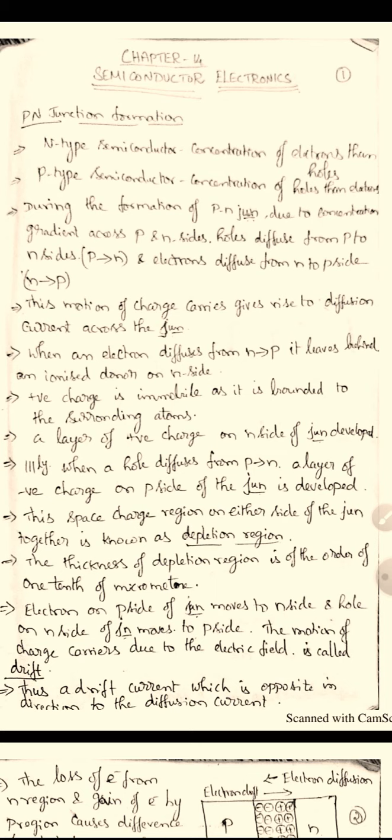Across the p-n junction, when an electron diffuses from n to p, it leaves behind an ionized donor on the n side. If you look at this diagram, we can find it.